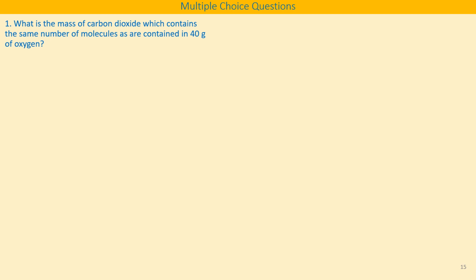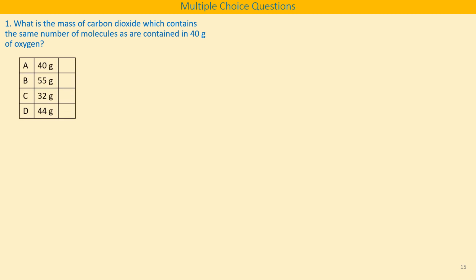That means we have to calculate the mass of carbon dioxide which contains the same number of molecules as are contained in 40 grams of oxygen. You are given 4 options. Please read these 4 options. A 40 grams, B 55 grams, C 32 grams and D 42 grams. Now you have to calculate the mass of carbon dioxide.